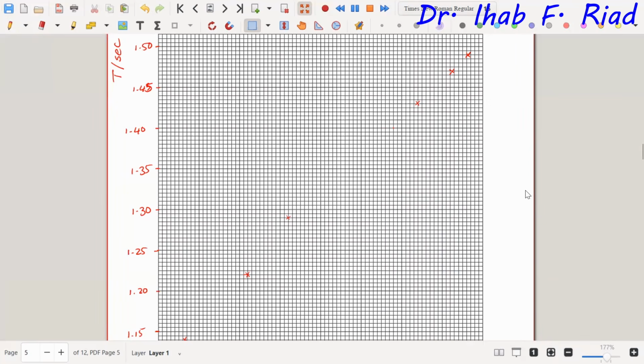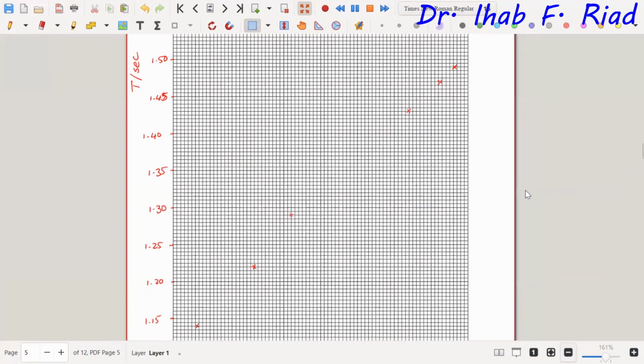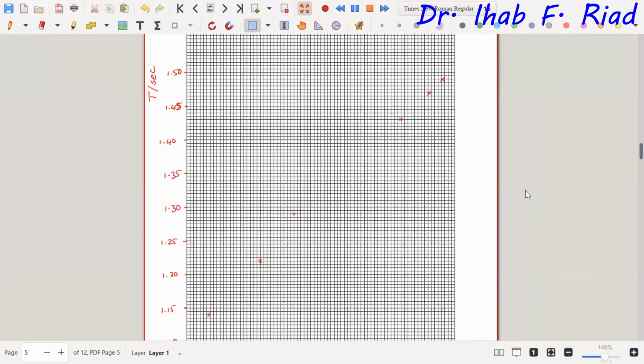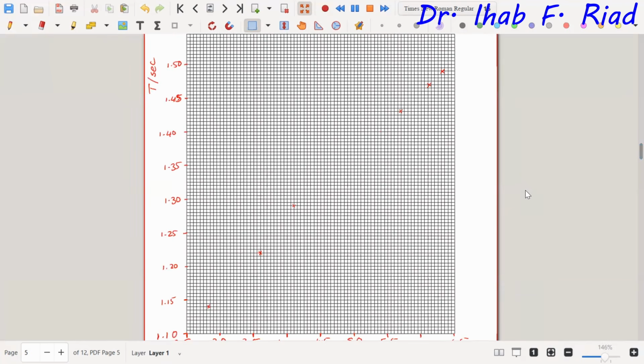Okay. Are we finding? Yes. Okay. Now we go for calculating the slope, or, sorry, drawing the straight line.